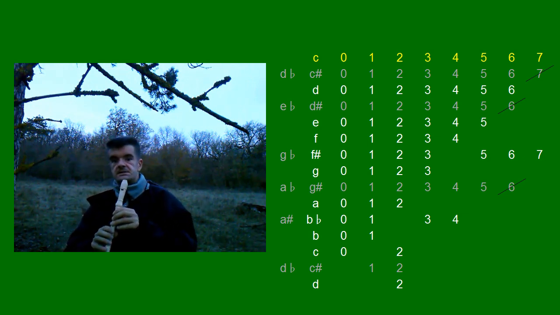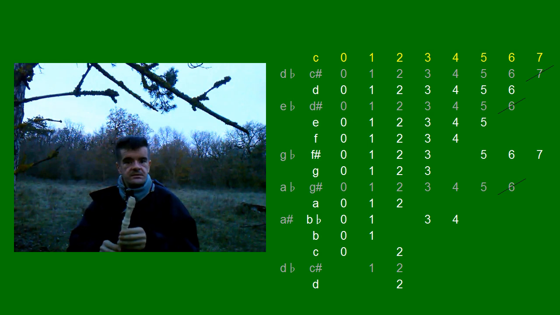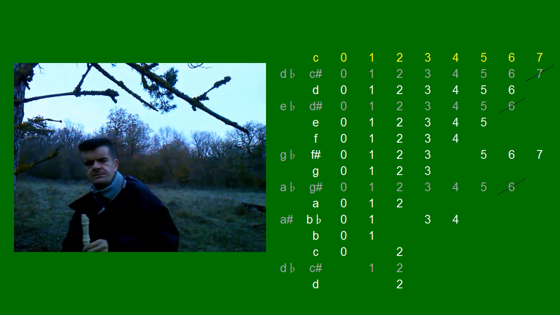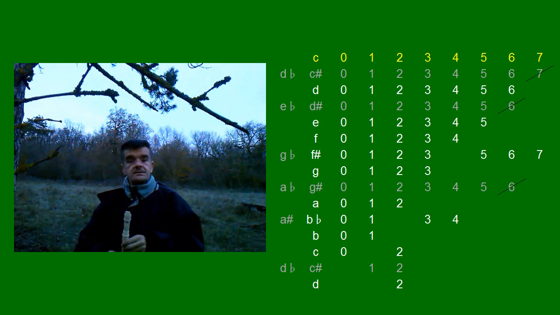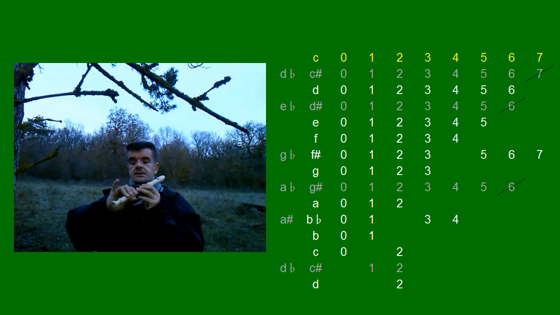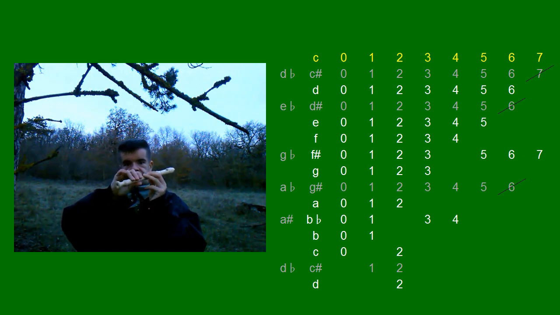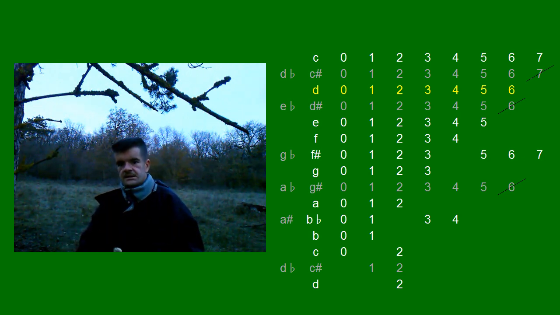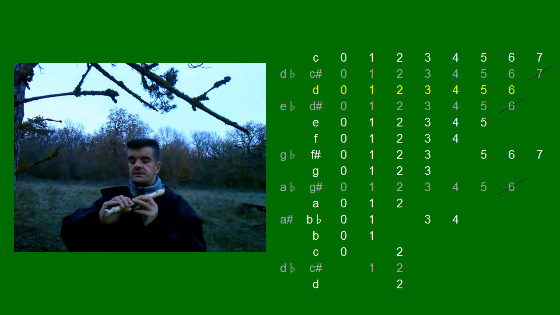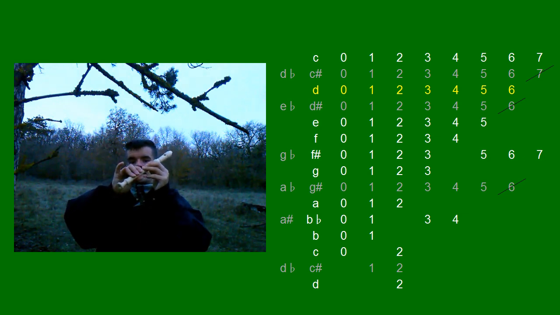It's not that easy, but anyway, you will do it, I'm sure. You have C. Now we want to have D. For the D, you pick up your lowest finger, your small finger, then you have D. So now you have seen C and D.